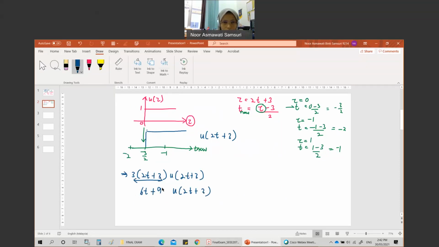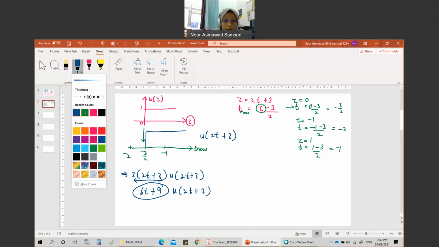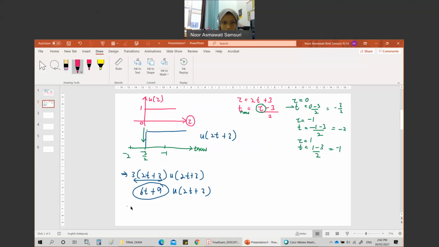So how does this signal look like? Okay, so very easy. Replace when t equal to what? t equal to 0. So the amplitude will be 9.